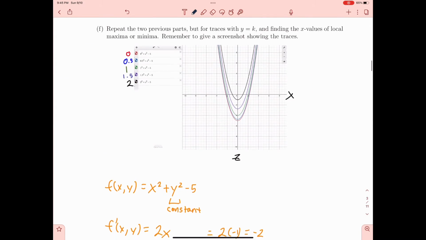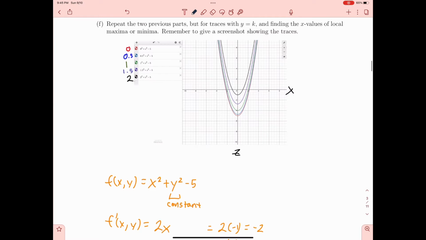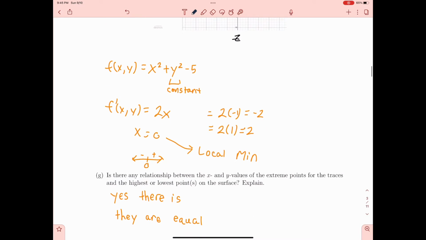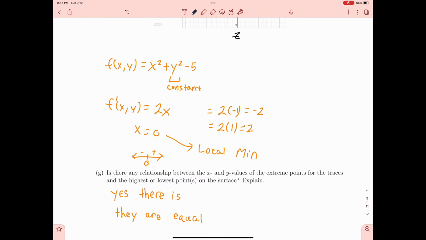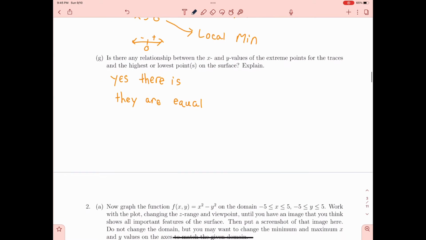So we do the same thing with respect to x. As you can see here, the traces are color-coded once again. Now we have to take the derivative of the function with respect to x holding y constant. And doing that gives us f prime equals 2x. And as we did in the first problem, we set it equal to 0, and we find that our critical point is at x equals 0.